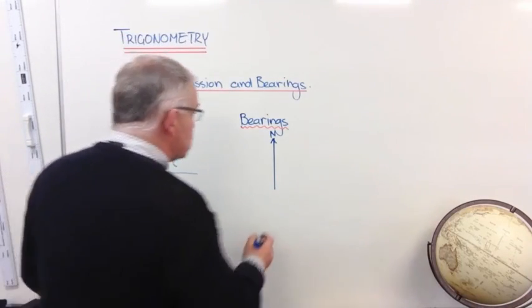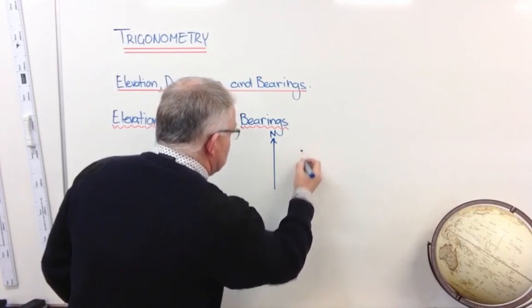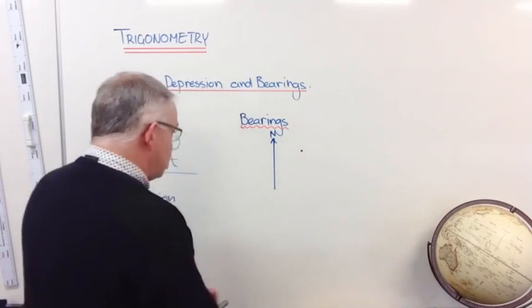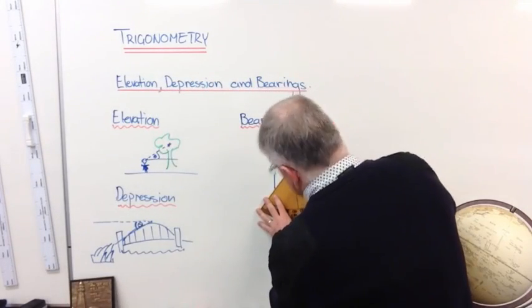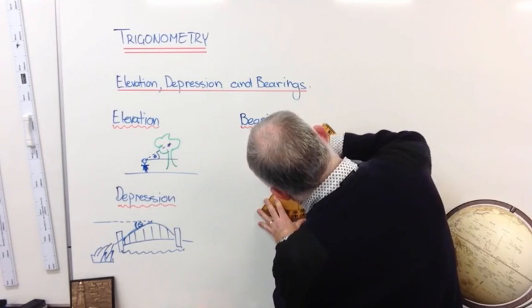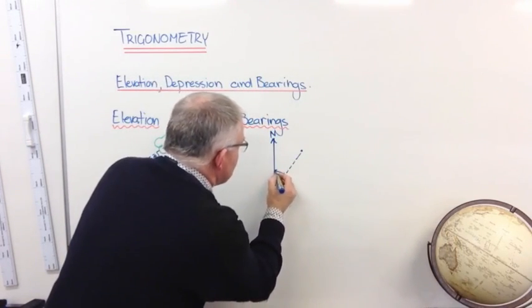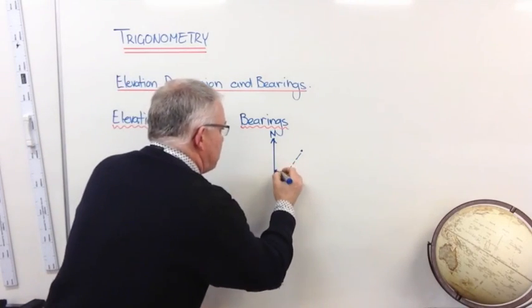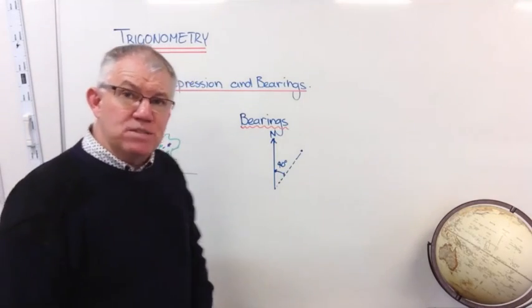So if I wanted to think about looking over in this direction, or travelling in that direction, so let's create that little angle there. If I'm travelling in this direction, we might normally think of this angle here as being 40 degrees.